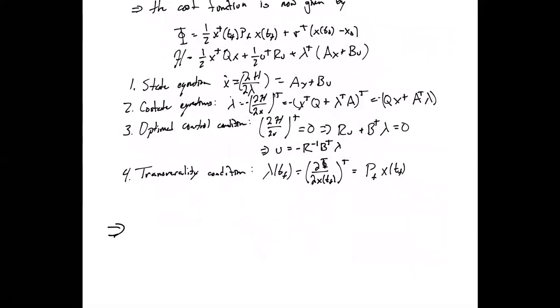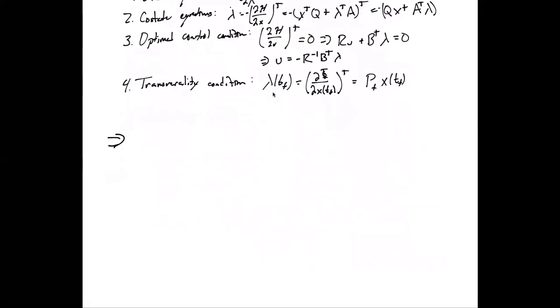So this implies that we can get x dot. We can just take the stack of them, and this will be equal to A, and then on the right we have B R inverse B transpose.